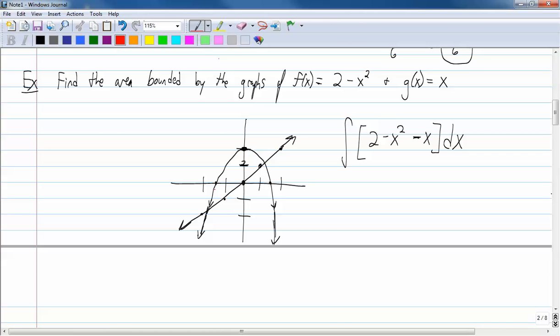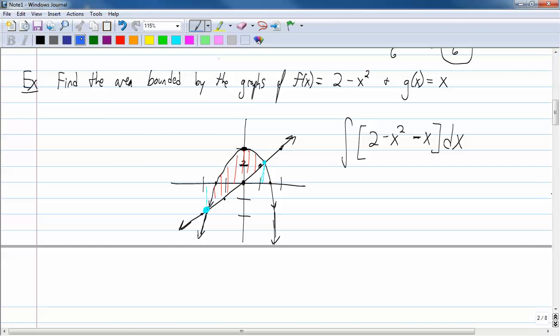So if we want to find all of this area here, then we're going to need to figure out what x value is right here. And so again, that's really close, so that may be actually what it's supposed to be, but we'll find out. And then what intersection point is right here. And since it was a sketch, it's really close to that too, but we'll see if that's what it's really supposed to be. We can't just guess. Just because it looks like it doesn't mean it needs to be.